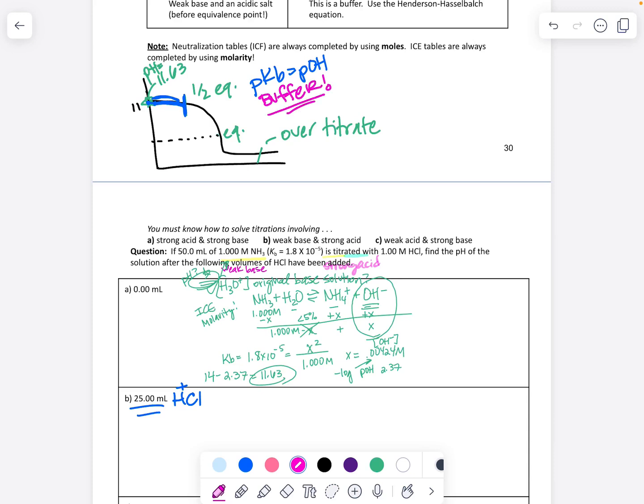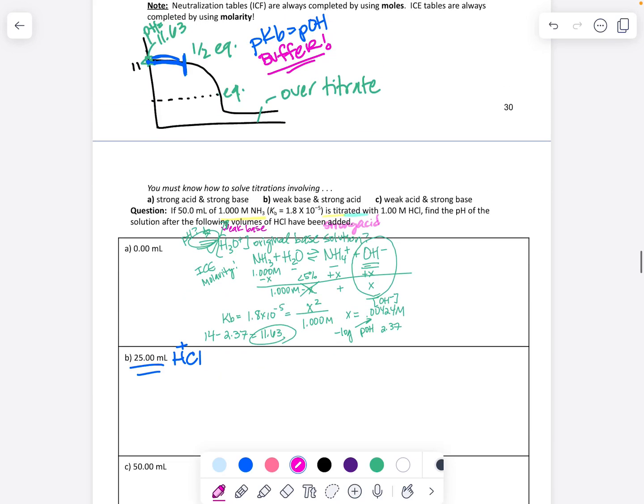So anytime we add a strong acid to a weak base, as long as our strong acid is less than our concentration of our weak base, we have a buffer. So it's at its maximum buffering capacity right there at that half equivalence point because the concentration of the conjugate acid and the base are equal.